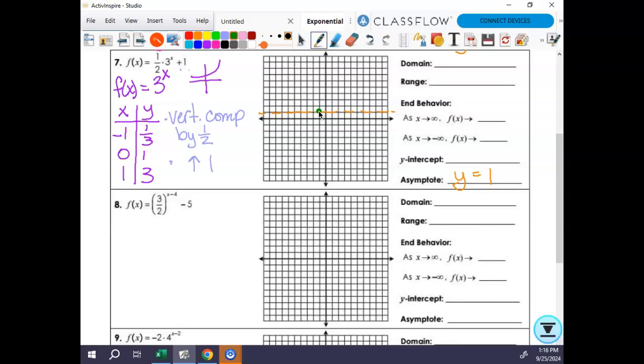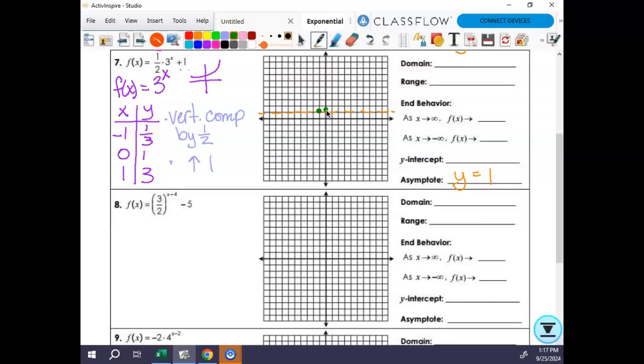Everybody okay with that? Then I'm going to go to 0, 1. I take my y value, which is 1, multiply it by 1/2, and get what? 1/2. So I'm at 0, 1/2 now, and then I go up 1. Make my point. Then I'm going to go to 1, 3.